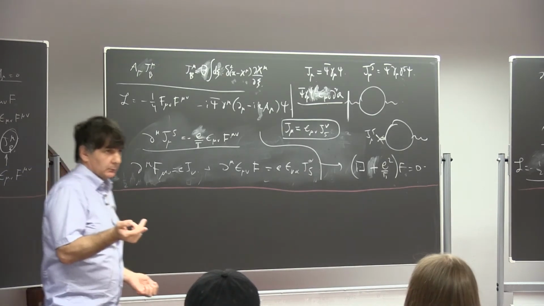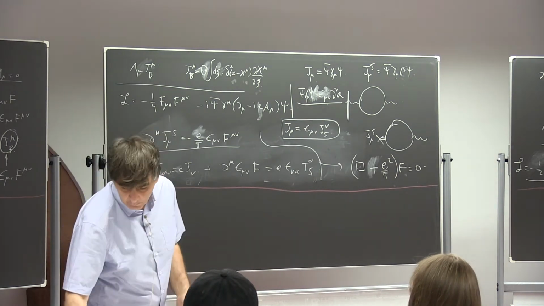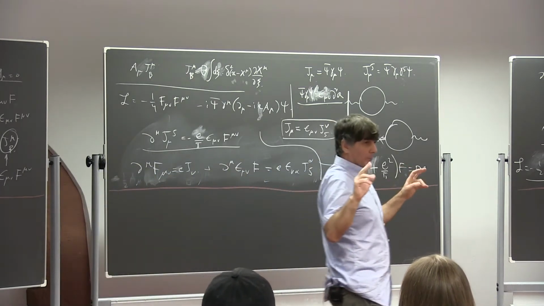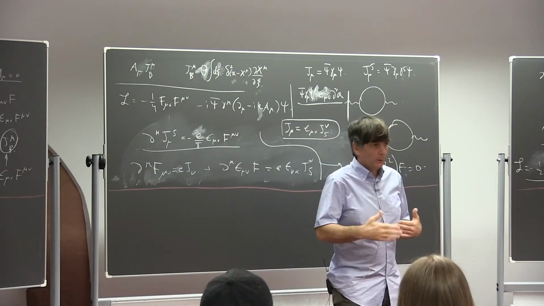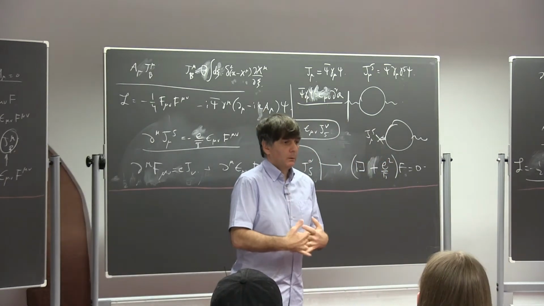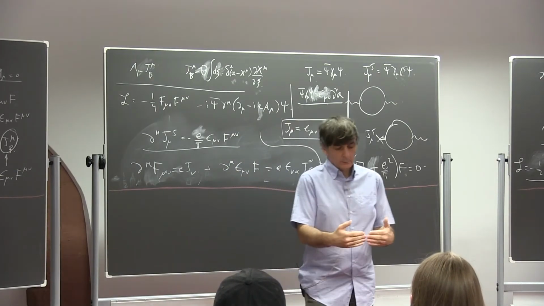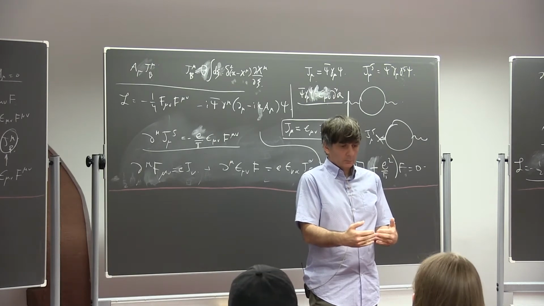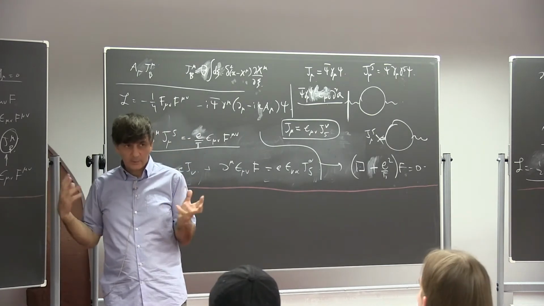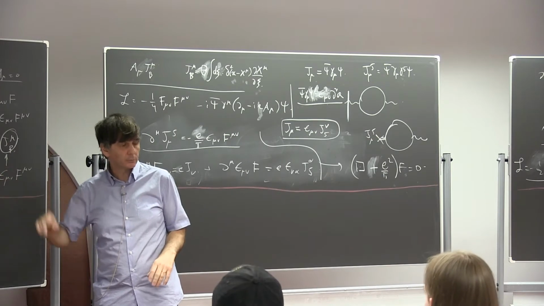So, let's summarize a little bit. What happens in 1 plus 1 dimensions is that we have an analog of the theta vacuum choice, which is reflected in the fact that there is a background electric field. Now, why is this not completely semantics? What is the question of whether it's a parameter or a vacuum choice?